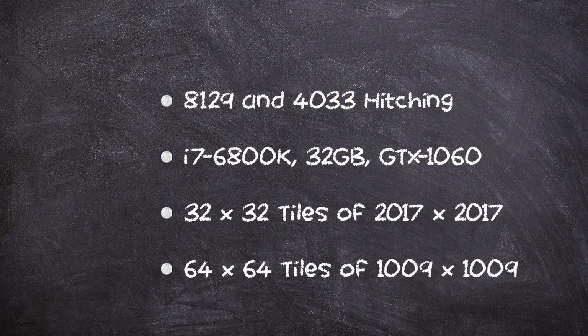For a 64 kilometer by 64 kilometer world, that would mean 32 by 32 or 1,024 total tiles of 2017 height maps. If you chose to use 1009 by 1009 height maps, which are 1 kilometer by 1 kilometer, you would need 64 times 64 tiles, or a total of 4,096 tiles.